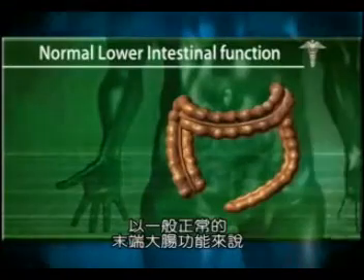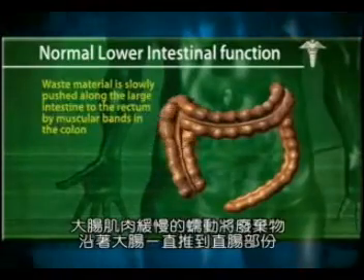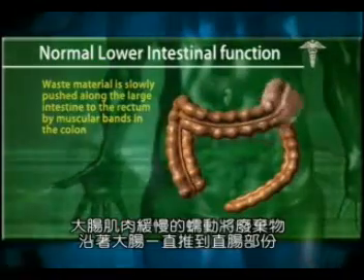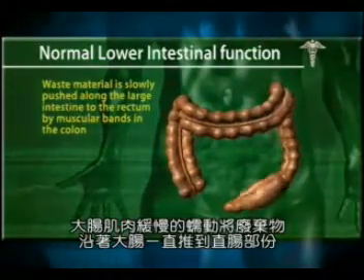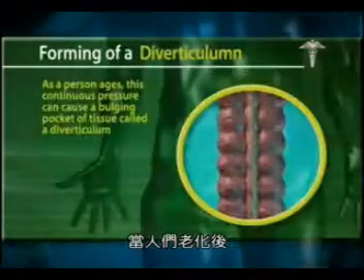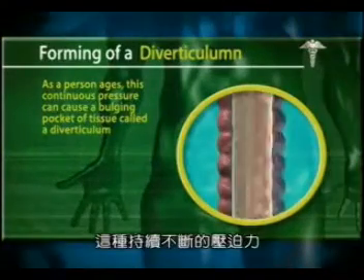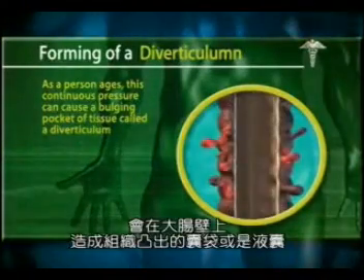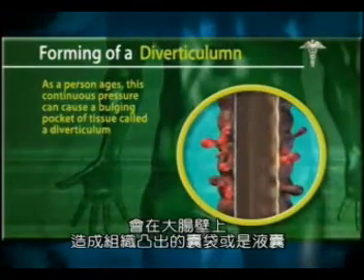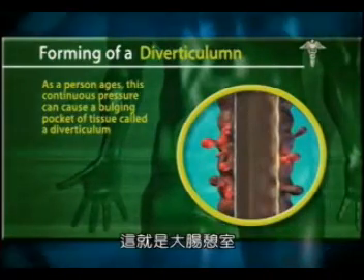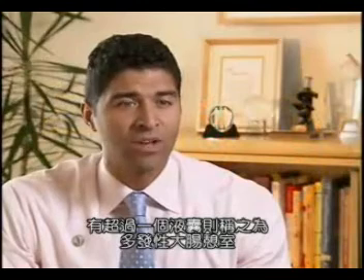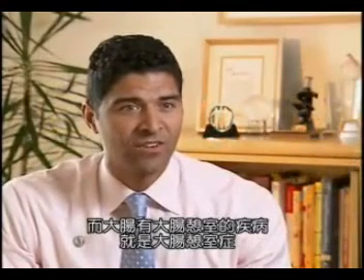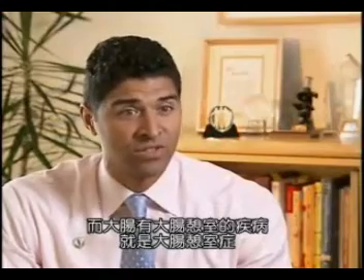During normal lower intestinal function, the waste material is slowly pushed along the large intestine to the rectum by the muscular bands in the colon. As a person ages, this continuous pressure can cause a bulging pocket of tissue or a sac called a diverticulum that pushes out from the colon wall. More than one sac is called diverticula. The condition of having diverticula in the large intestine is called diverticulosis.